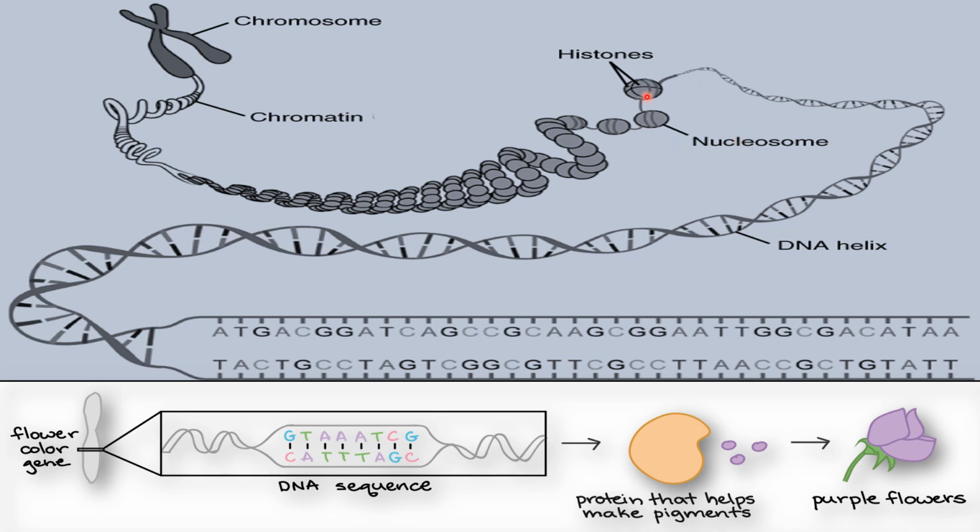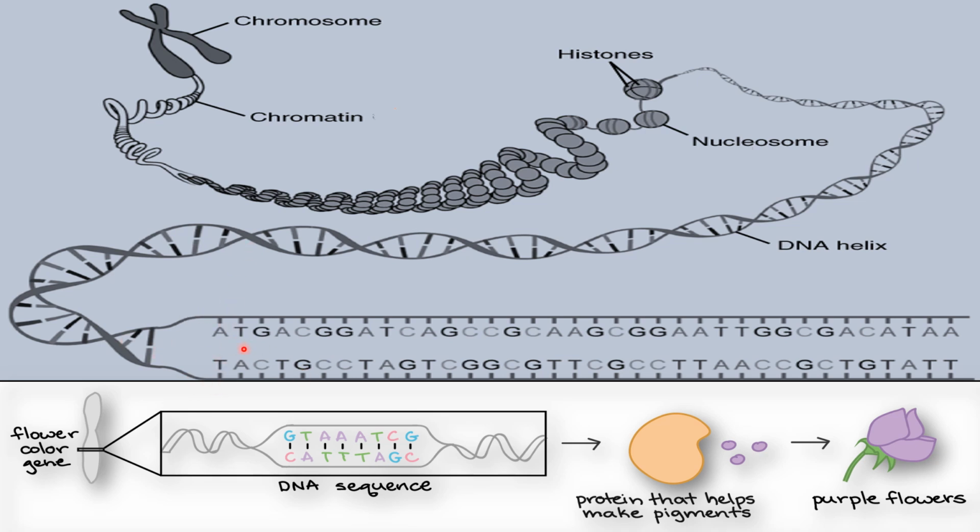Then let's see the DNA. Here it is a DNA. DNA has the structure of a helix which is coiled around these histone molecules. Here we have taken the DNA strands.